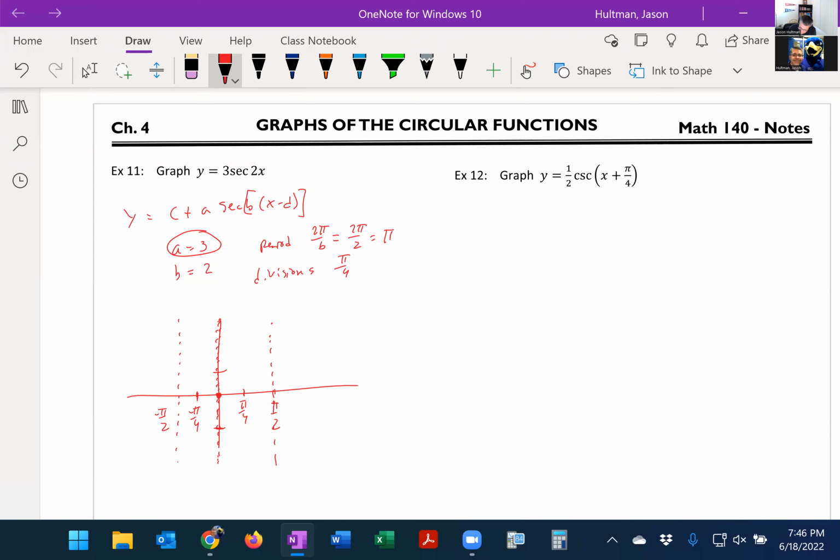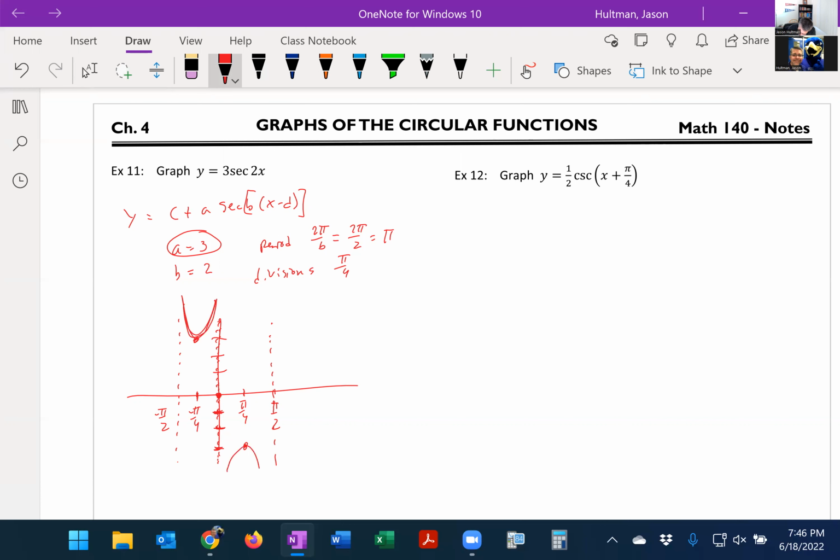The original secant function would be at 1, but we're not going to have it at 1. We're going to have it at 3, and we're going to have it at negative 3. So that's 1, 2, 3, and negative 3 would be at pi over 4. And so this is going to be a u like so.